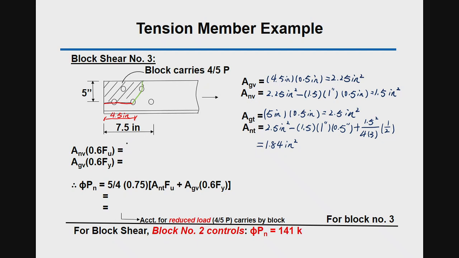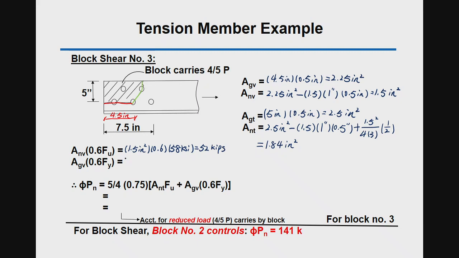Okay, so ANV equals 1.5 square inches times 0.6 times 58 KSI equals 82 kips.